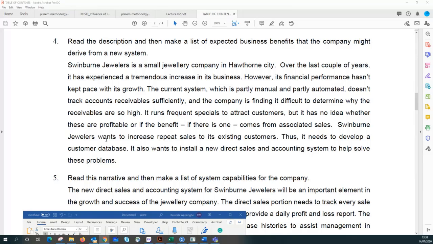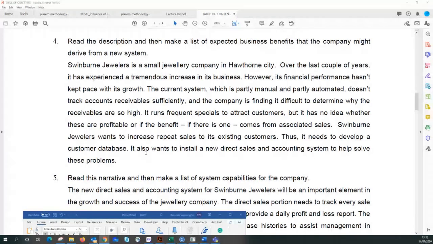Are they paying on time, etc., and what products they have bought. So probably they didn't have a system to track and relate all these variables. That might be the biggest problem, isn't it?